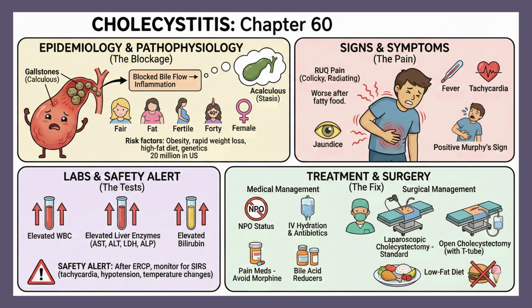The incidence of both gallstones and cholecystitis increases with age and is more common in women and individuals of European descent. Common risk factors are often remembered by the five Fs: fair, fat, female, fertile, and over 40 years of age.